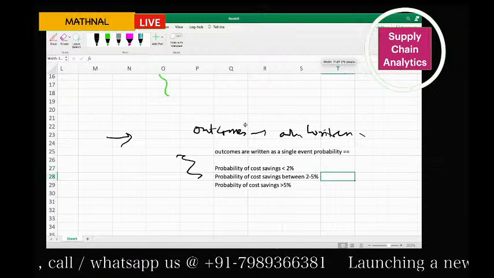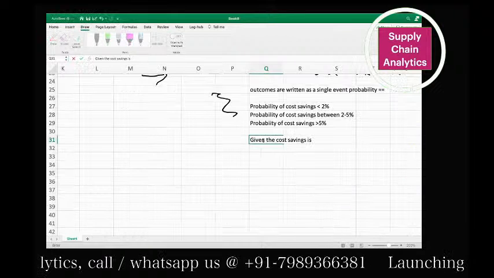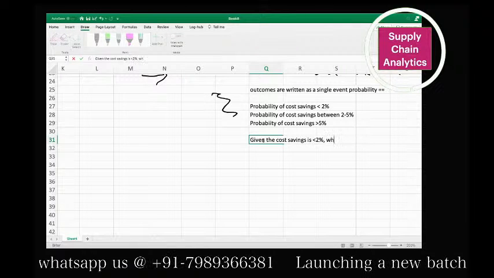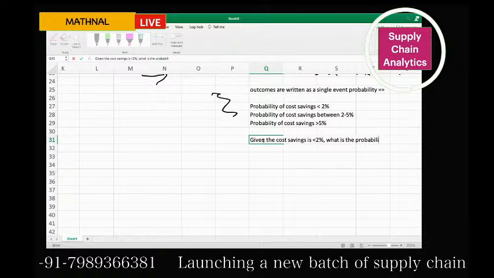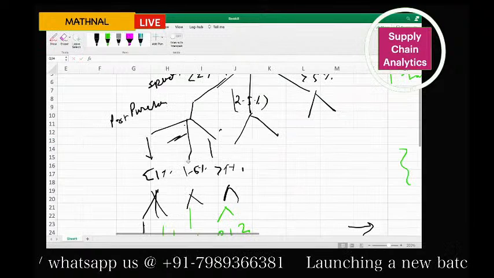Now we have a second variable. The second variable is post purchase spending. So here, given the cost savings is less than 2%, what is the probability of post purchase spending less than 1%? The second branch is the conditional probability.